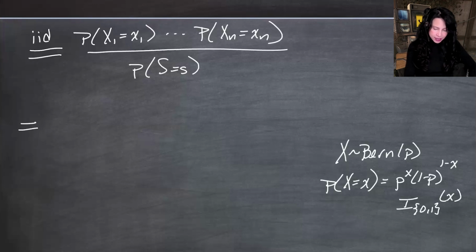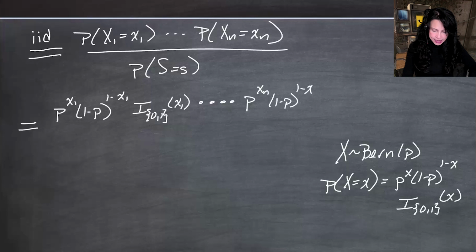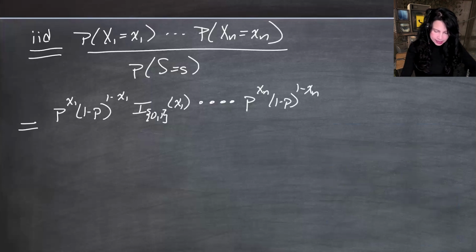What I have is little p to the x1, 1 minus p to the 1 minus x1, and an indicator that says that x1 is in the discrete set 0, 1, multiplied all the way out to p to the xn, 1 minus p to the 1 minus xn, and an indicator saying that xn is in the discrete set 0, 1.